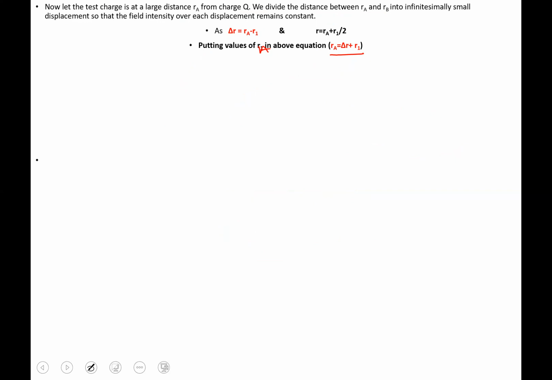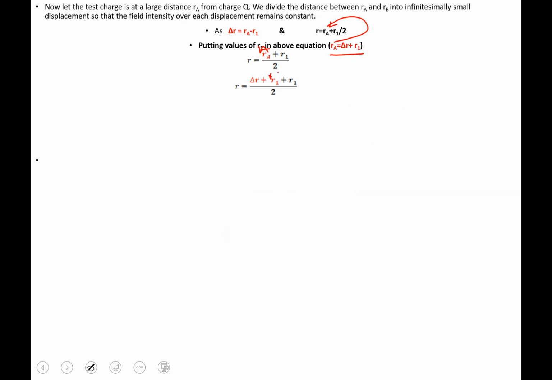Now let us put this value of RA in the equation over here, where we have R is equal to RA plus R1 divided by 2. I'm replacing the red RA in this equation. We get R is equal to delta R plus R1 plus R1 divided by 2.